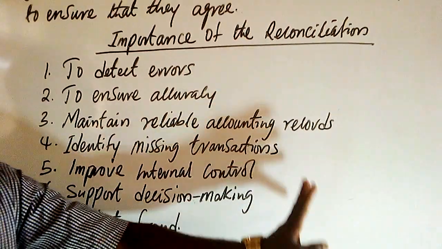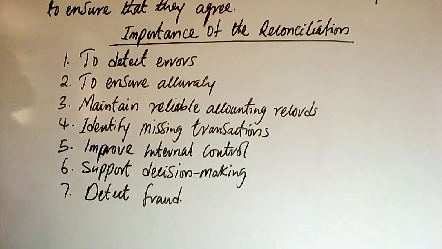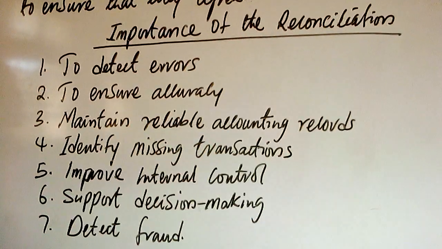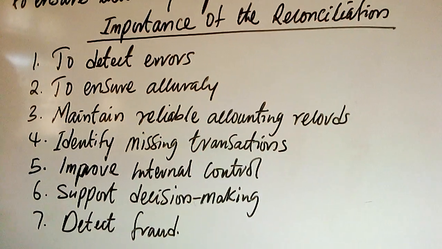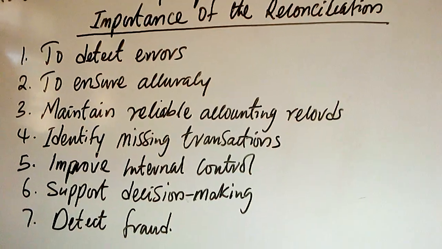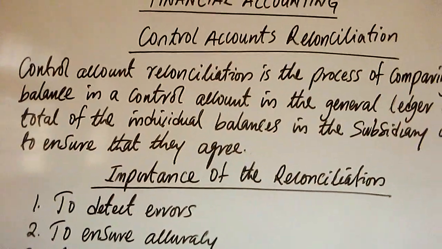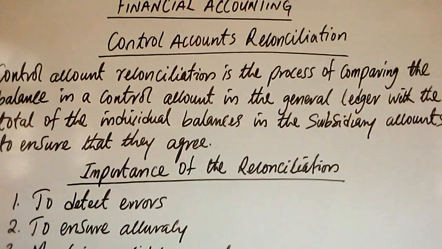These are the areas that auditors use in trying to improve internal control of an organization, by preparing control account reconciliation to check whether the balances for the subsidiary books that are taken to the control account are the same and balanced at the end of the day.